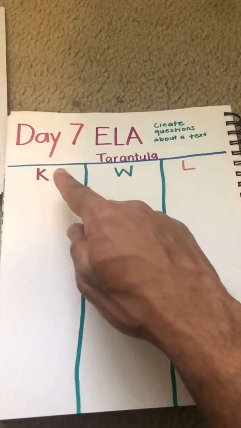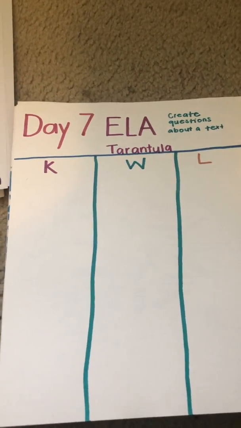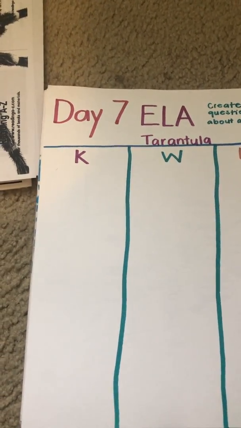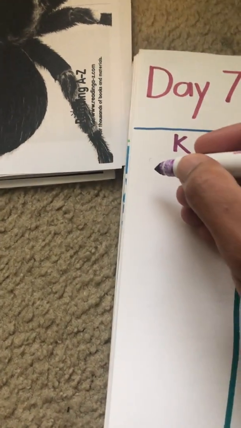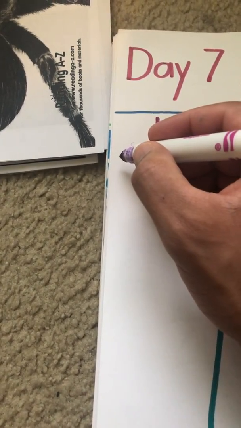So let's start with the K section, things that we know. Now I'm going to fill in some things that I know about tarantulas. Now what I know may be different than what you know, but here we go. I know tarantulas are a type of spider.